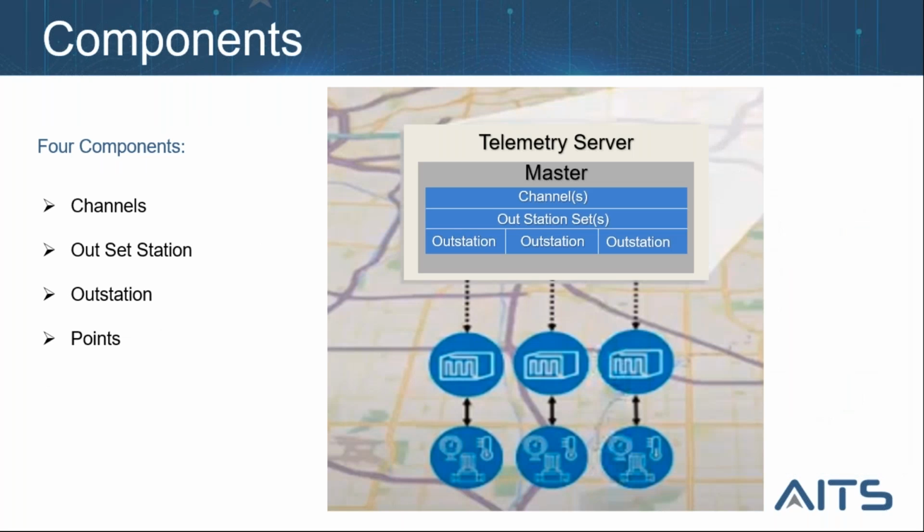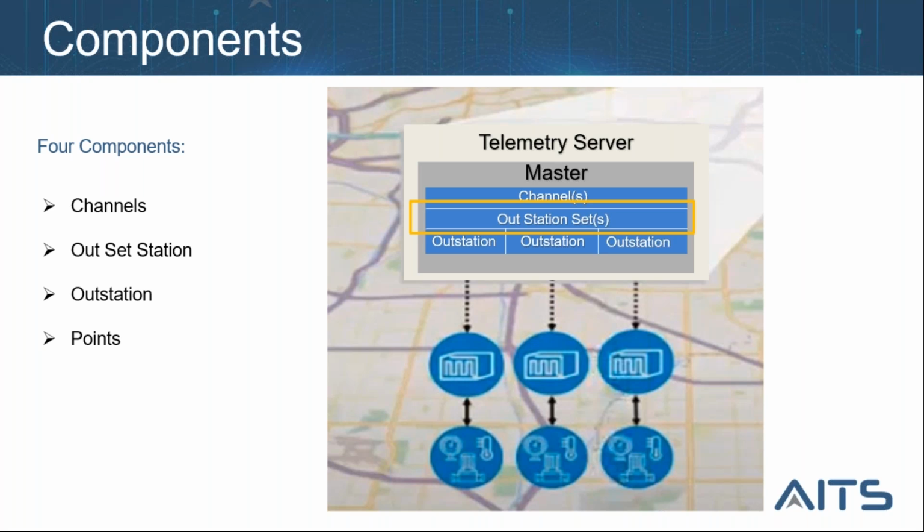Let's first discuss the telemetry server's 4 major components. Telemetry channels are the communication lines through which information is passed between the telemetry server and the outstations on your system. An outstation set is a group that shares one or more channels.